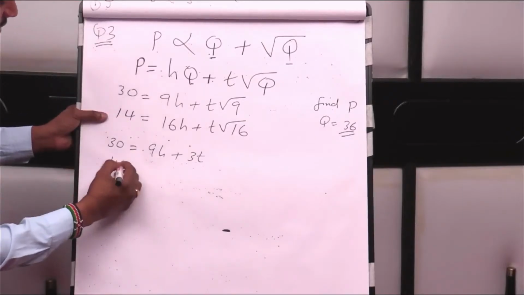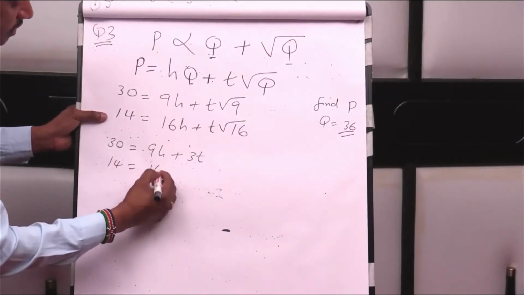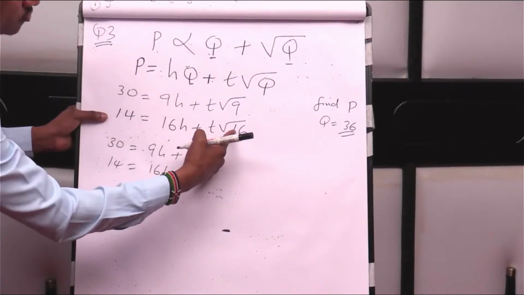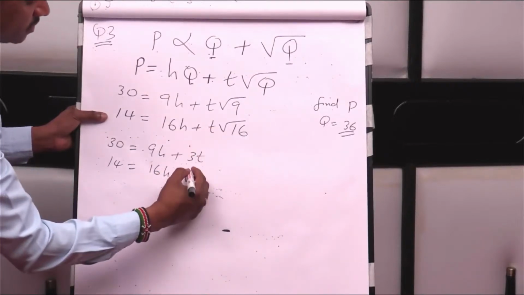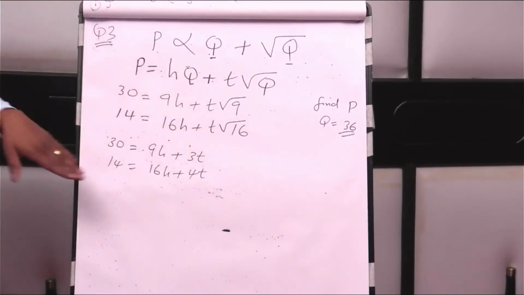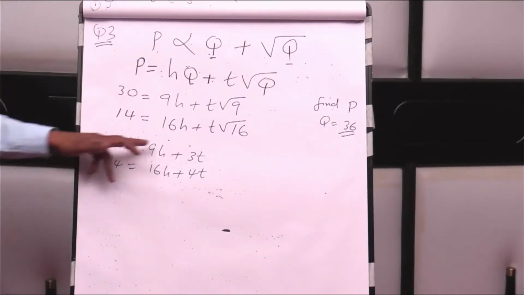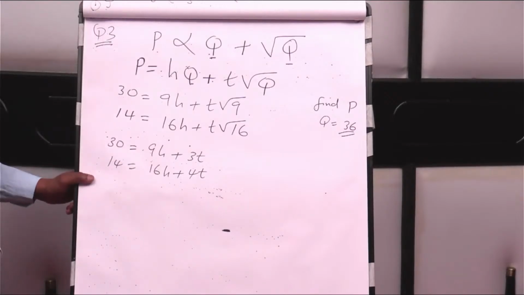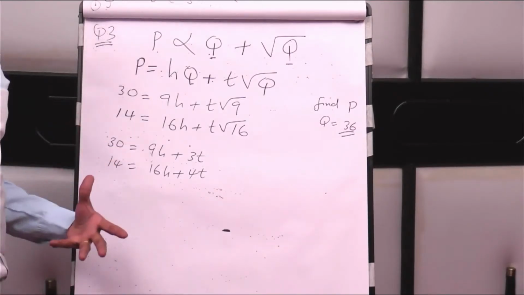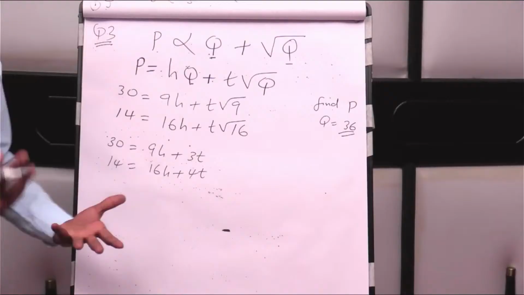Then this is 14 equals to 16H plus the square root of 16 is 4 times T is 4T. So when you look at this equation, these are called simultaneous equations. So the simultaneous equation, we can solve this by either elimination or substitution method, whichever one you prefer.